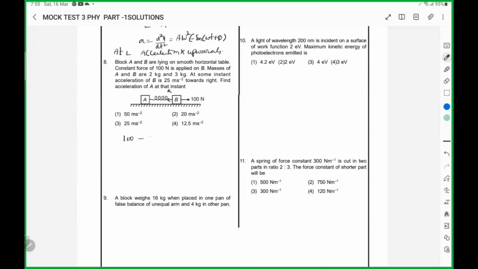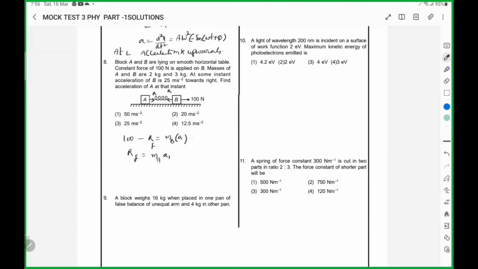So 100 minus restoring force is mass of B into acceleration. The restoring force at each and every point will be the same. So restoring force will be mass of A into A1.